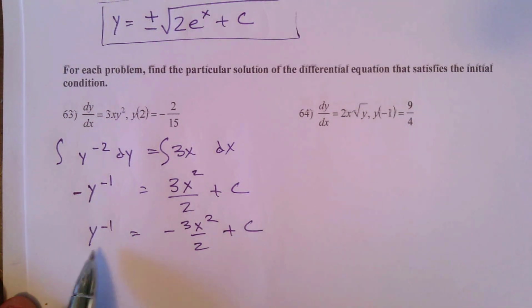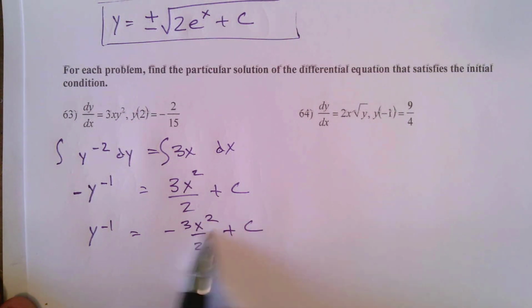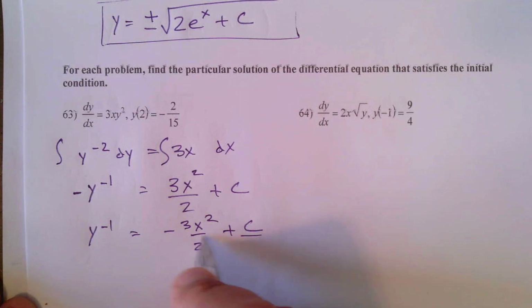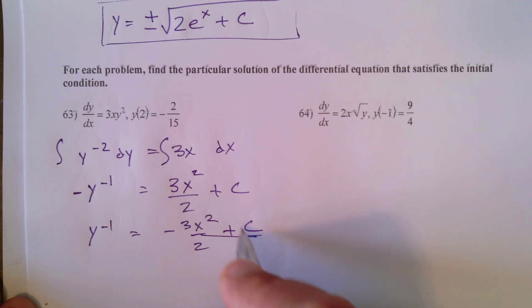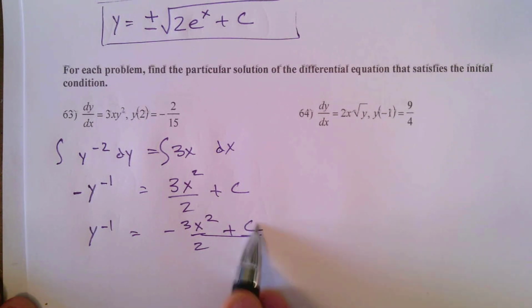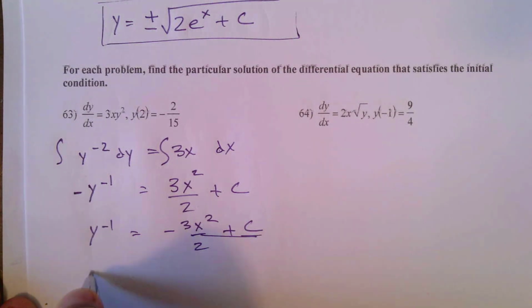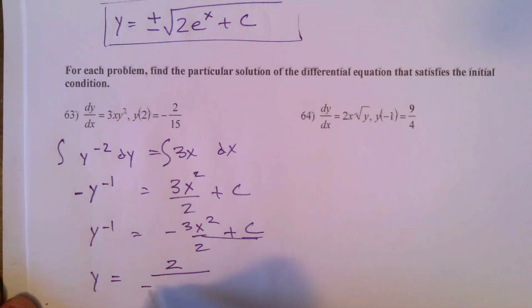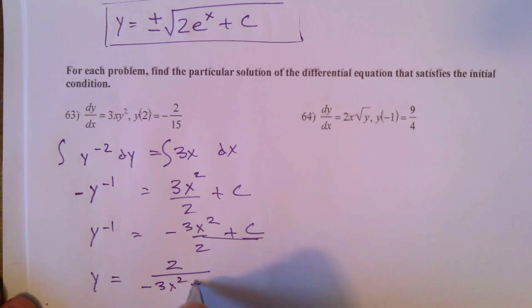And we have to take the reciprocal of both sides. So this c, I would like to combine with this, so I can take the reciprocal. I could multiply and divide this by 2, so I can combine it here. When I multiply it by 2, it's just going to become another constant. So 2 times c is going to still be a c. Then I can flip both sides, and I'm going to have 2 over negative 3x squared plus c.